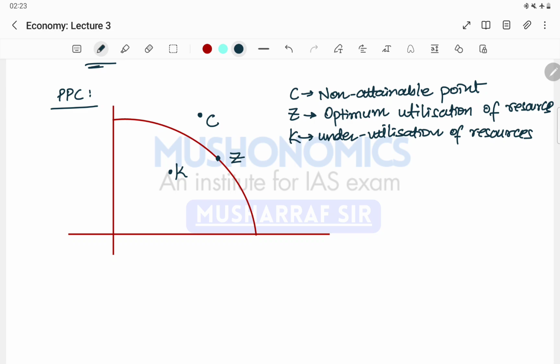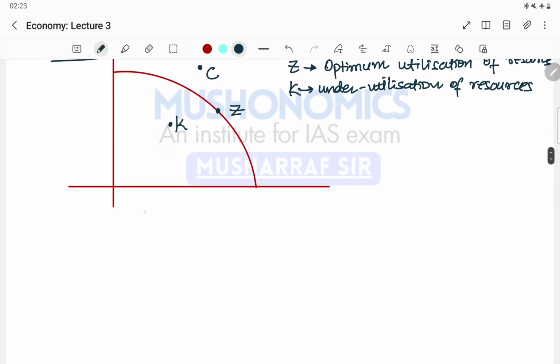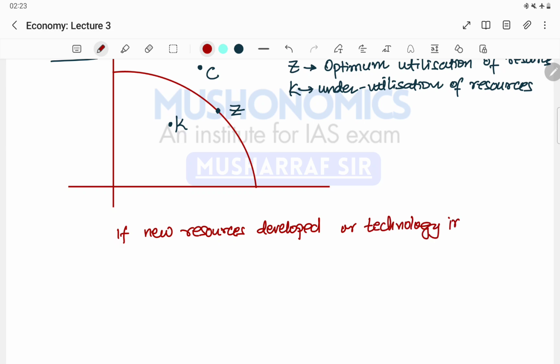Now, for example, new technology is invented or new resources are developed. If new resources, for example, you have found a new mine, so you can get new raw materials. So if new resources are developed or technology improves, then what will happen?